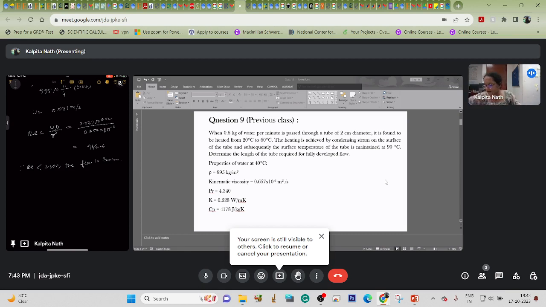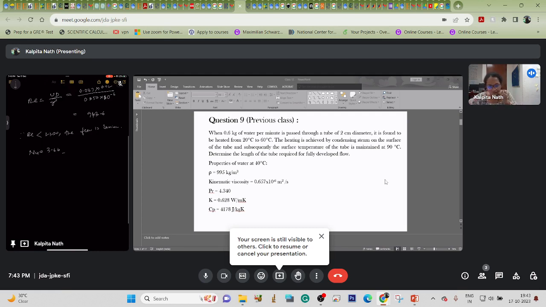Now, if the flow is laminar, what will we be using? For laminar flow with constant surface temperature, the Nusselt number is 3.66. This we have already done in our convection part. So we are just remembering all those concepts and formulas that we have already used earlier. The Nusselt number is also equal to h d upon k.